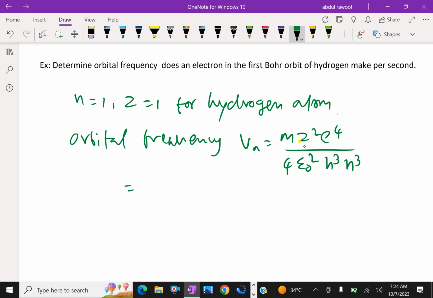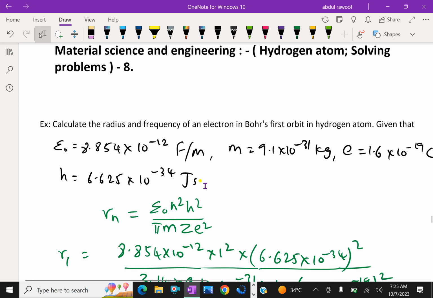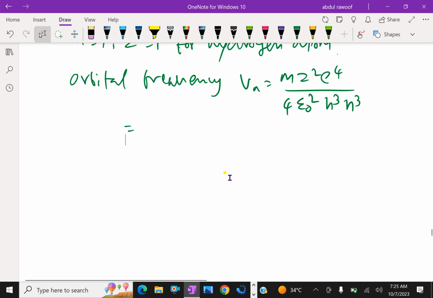We are substituting the values of the various quantities, that means m is mass of electron, z is atomic number, e is charge, epsilon 0 is permittivity of free space, h is Planck's constant, n equal to orbit number. Because we have already done the previous problem, we have the values.